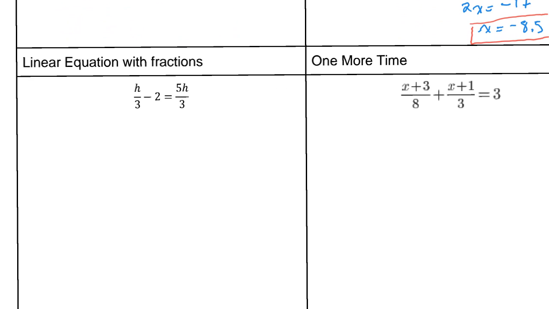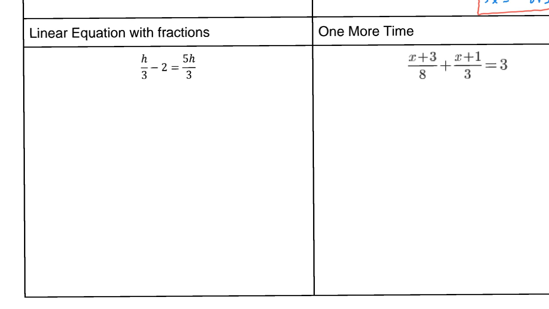All right. So now you've got a linear equation with fractions. But this time our linear equation is set up kind of weird, where we have the same number across three different places.